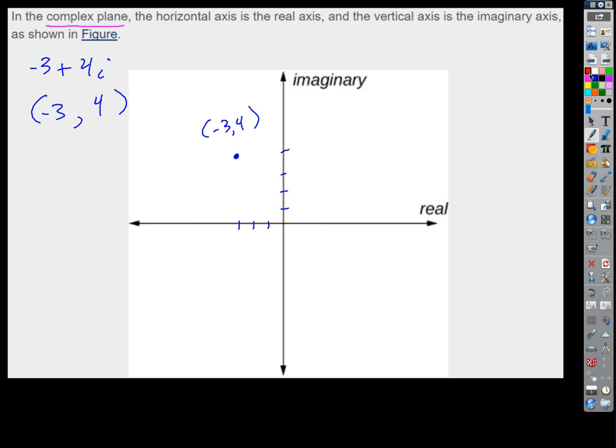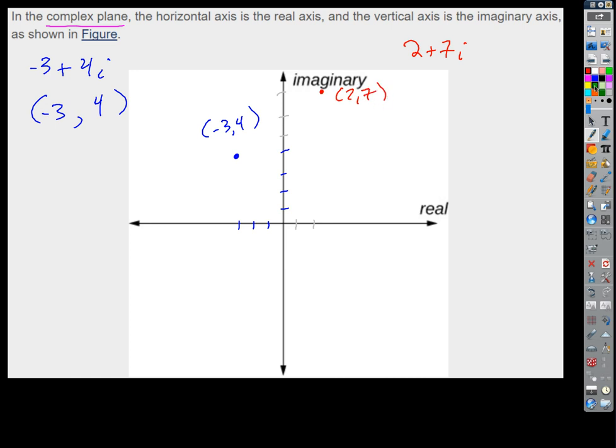Okay? Let's try another one. How about the point 2 plus 7i? Where's that one going to be? +2, +7. So it's just going to be right there, isn't it? With coordinates 2, 7.